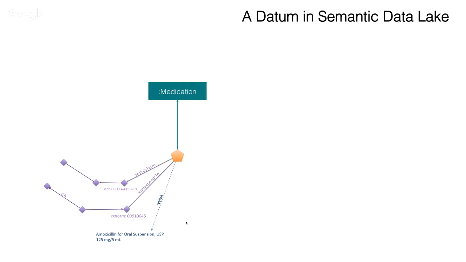So you can actually look into RxNorm to see the classification and the hierarchies associated with these medications, or within NDC you can look into makers and packaging of these medications.